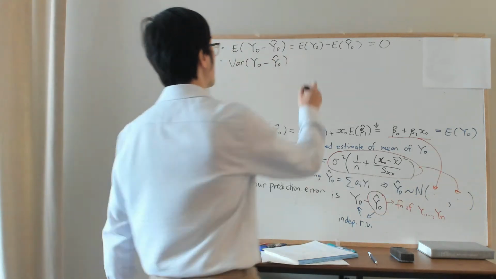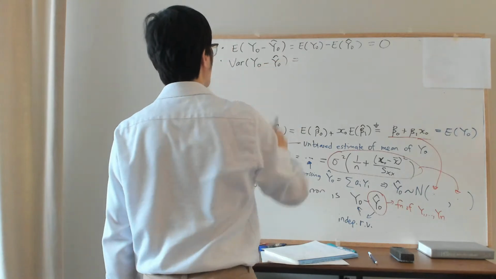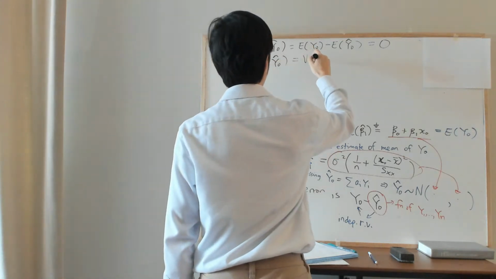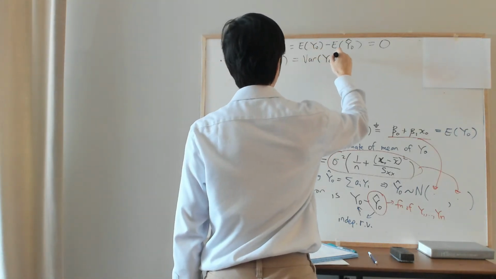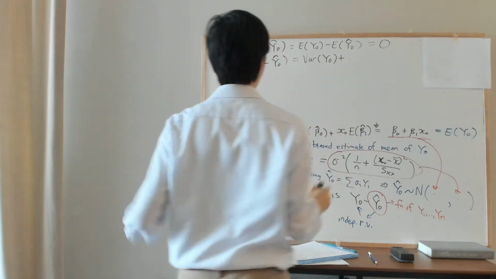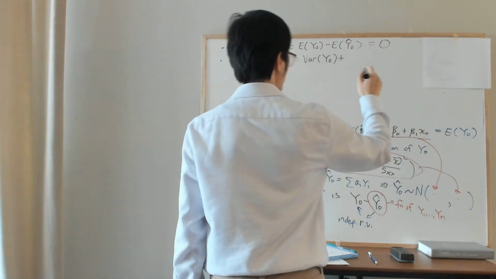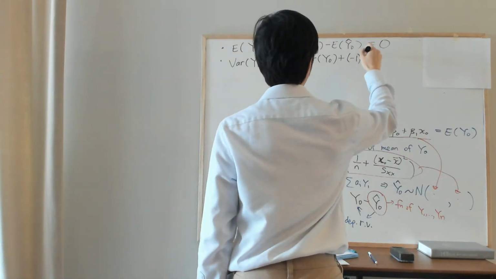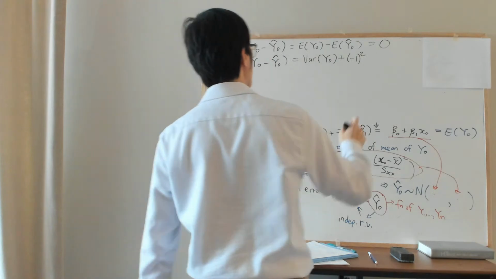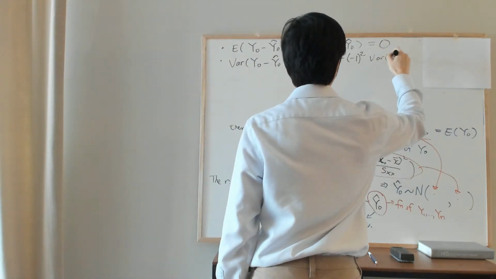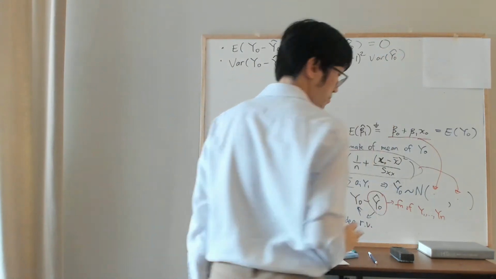So I can just use the fact that these are independent random variables, and so we have variance y0, and then plus, remember the constant here is -1, so it's going to come outside and square. We'll write that for completeness. So -1 squared variance y0 hat.